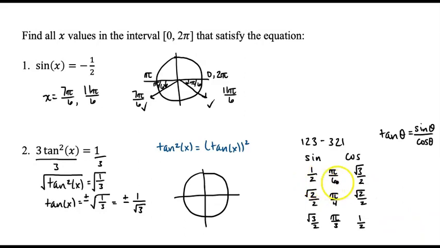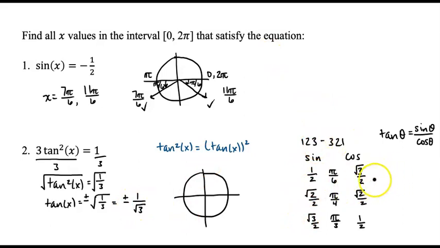Now when I divide fractions, we said that dividing is kind of like multiplying by the reciprocal. I want to get to 1 over root 3, and I'll look at that angle of pi over 6. My question is, if I take 1/2 and I divide by root 3 over 2, is that going to give me 1 over root 3? And I'm going to do that until I find what gives me that correct value.